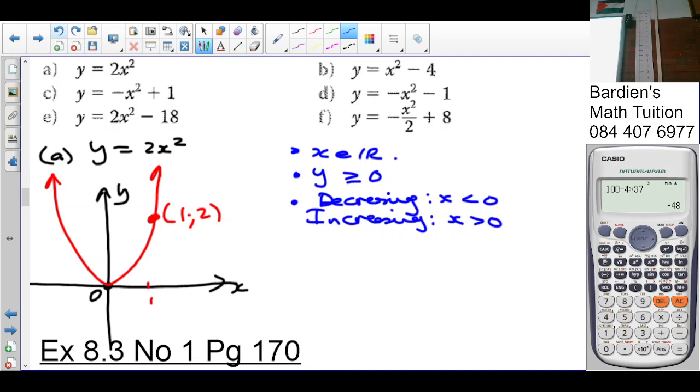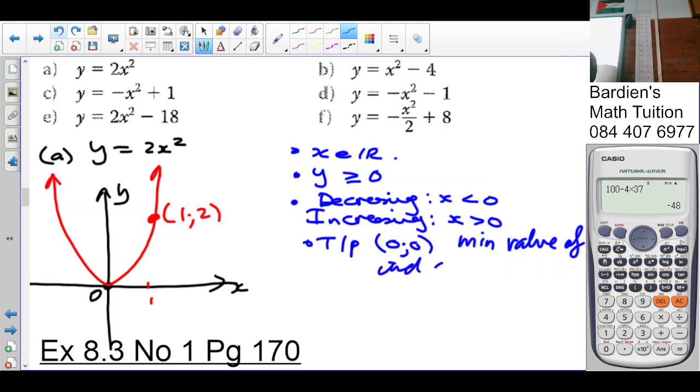Turning point? What's the coordinates of the turning point? 0 and 0. This graph has a minimum value of 0 and occurs at x equal to 0.